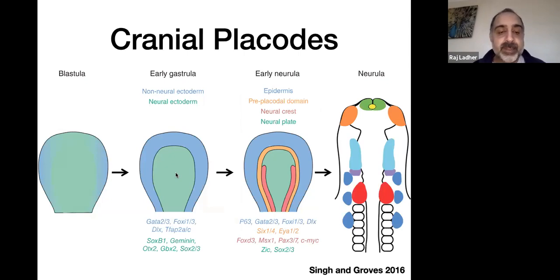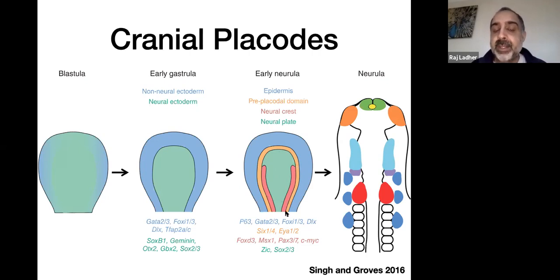In the same way that the neural crest has a particular developmental program that's been well worked out, and it seems to involve a hierarchical organization of its development, cranial placodes are the same. Remember I told you that they form from the border region between the neural ectoderm and the surface ectoderm, in what's called a preplacodal domain.